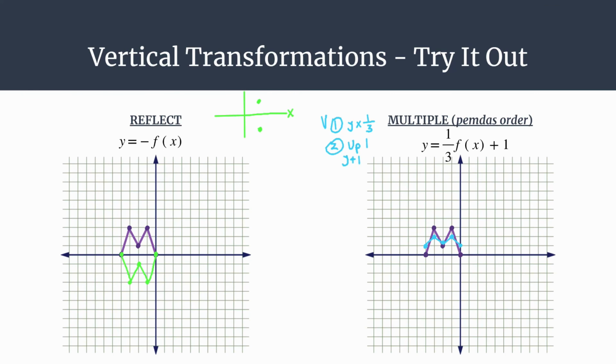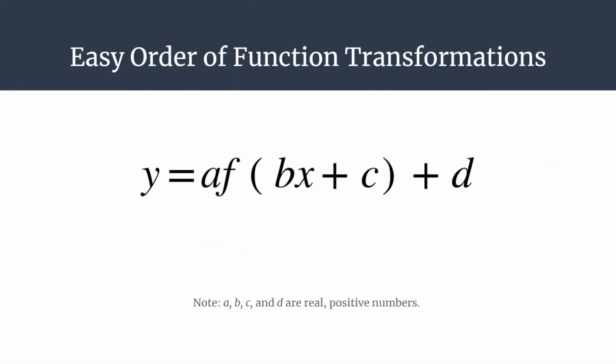All right, so as a quick summary before we finish up, this is the easy order of function transformations when they're all put together. This is how I like to do it. You don't have to do it in this order, but I think it just makes it run very smoothly. It eliminates a lot of the probability for error.